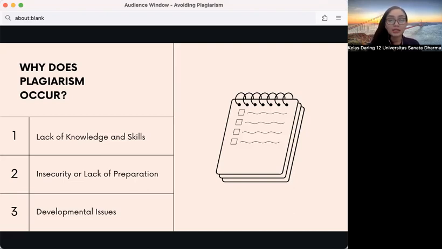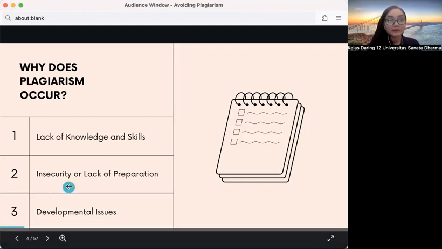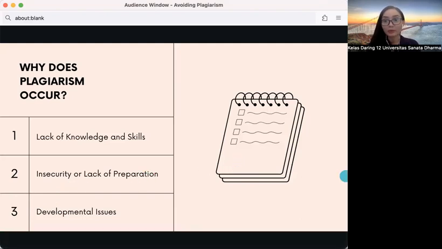Number two, there is a feeling of insecurity and also lack of preparation. Students take others' work because they didn't put the effort into learning the material, or they want to sound more impressive. So they take the risk to copy and paste other sources without acknowledgement.